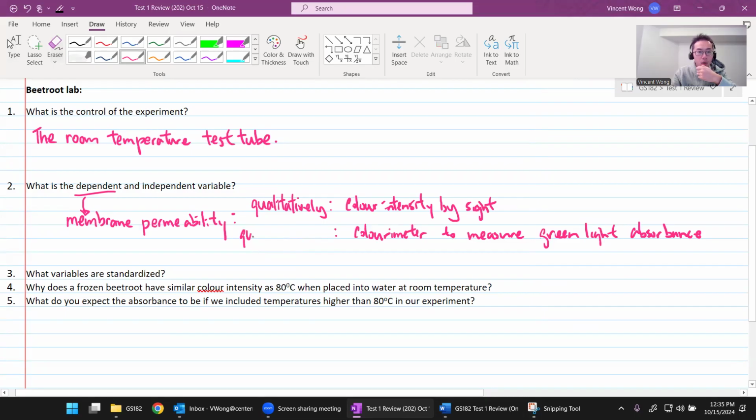Let me try that again. Quantitative. There we go. Okay, so qualitatively is just using your senses. Quantitatively is to use measurements, numbers. Right? So these are the dependent variable, and the independent variable would be temperature. That's it.